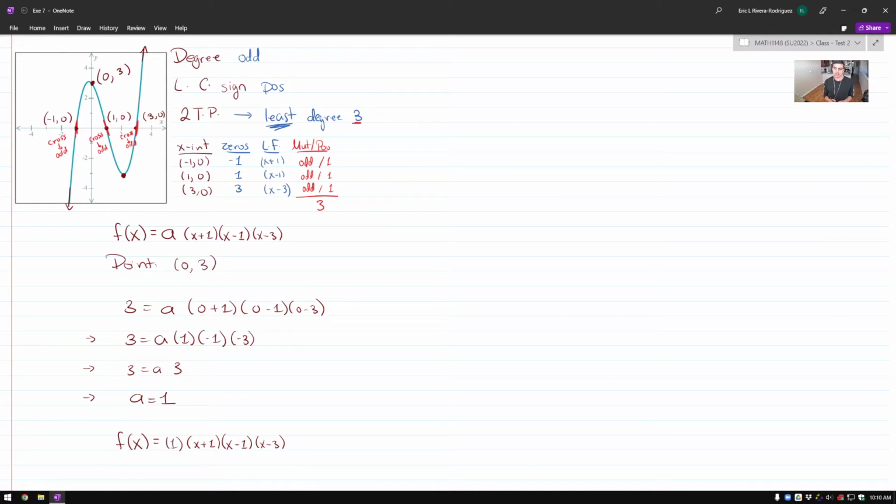If you ask me whether you can use an x-intercept, let's see what happens if we use the x-intercept to identify the leading coefficient.